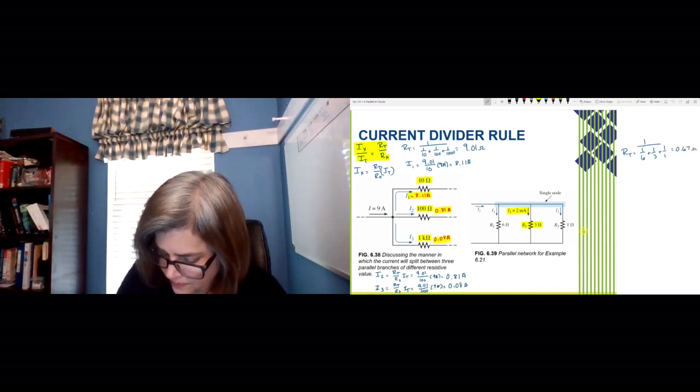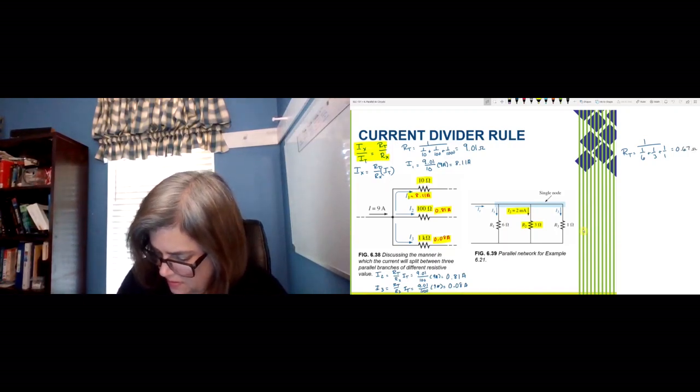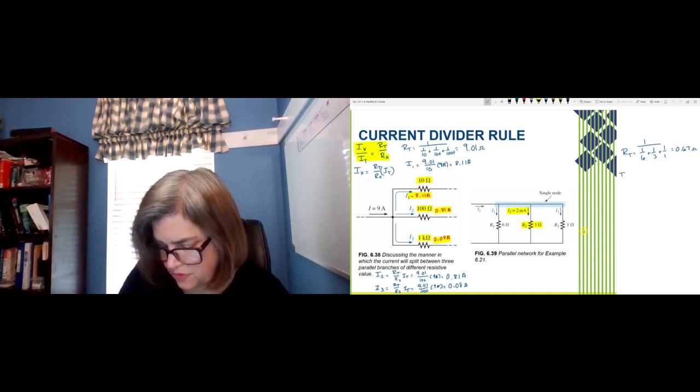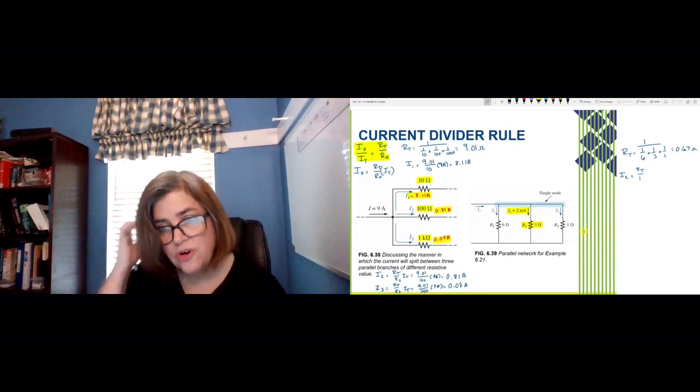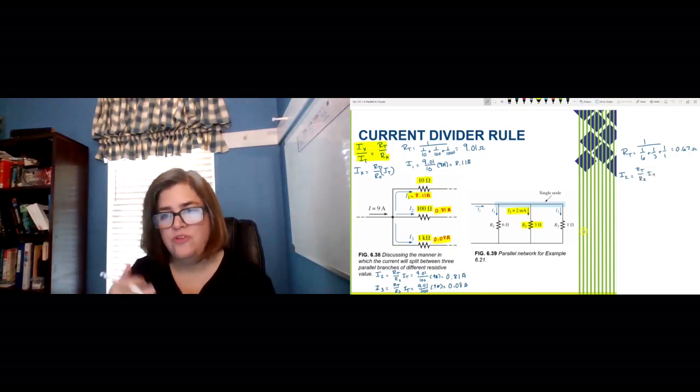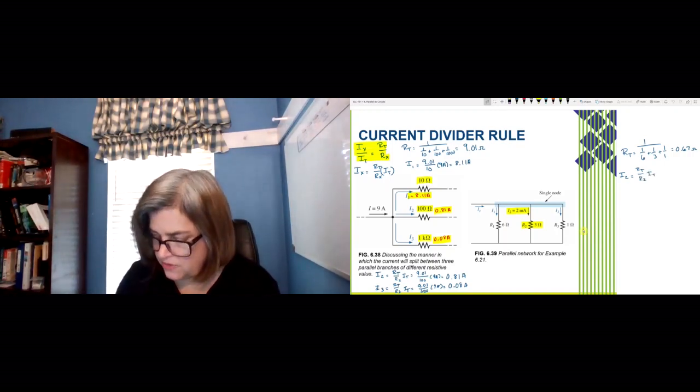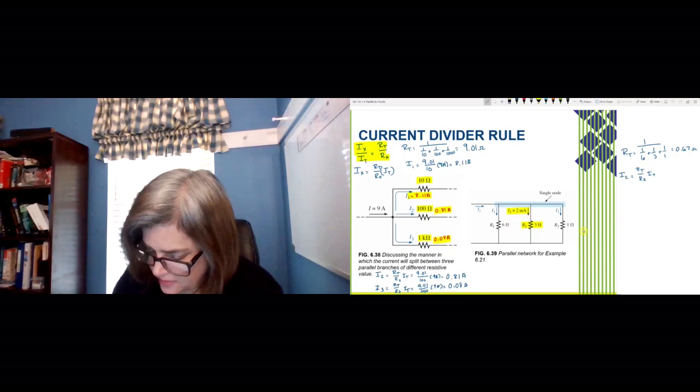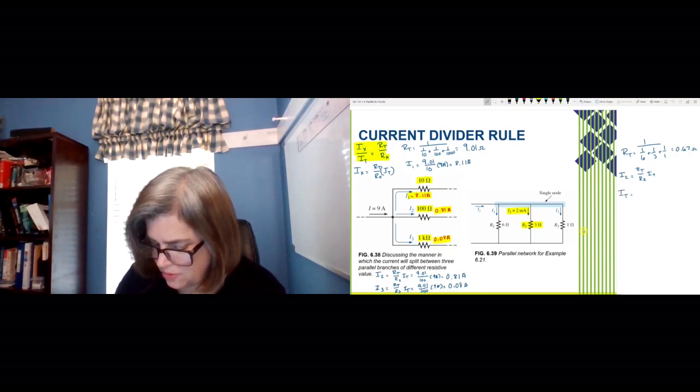Okay, so I2 should be RT over R2 times the total current, but we're looking for the total current this time. So if we solve for that, IT would be R2 over RT times I2.